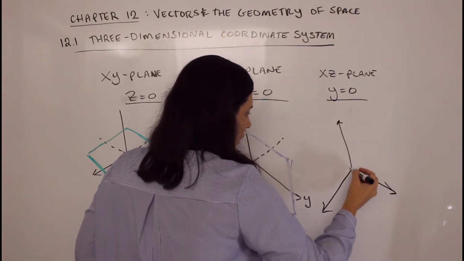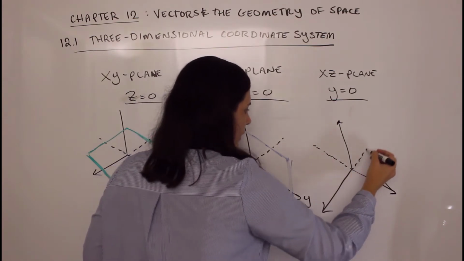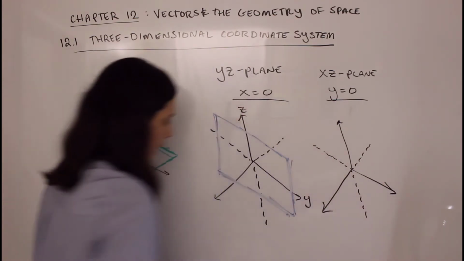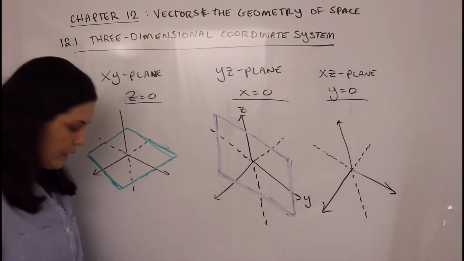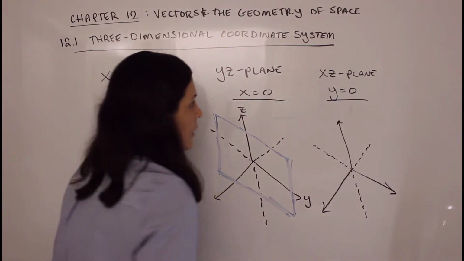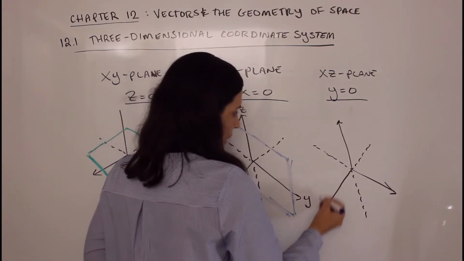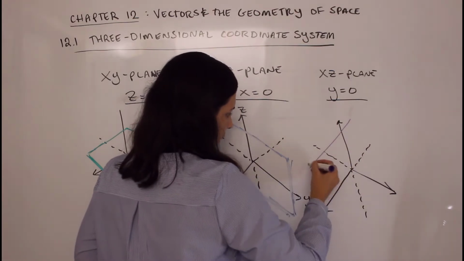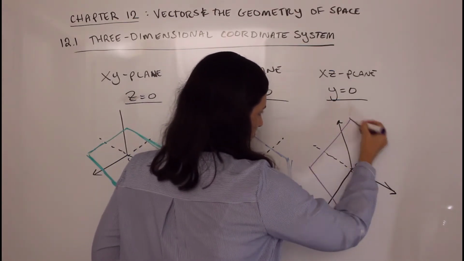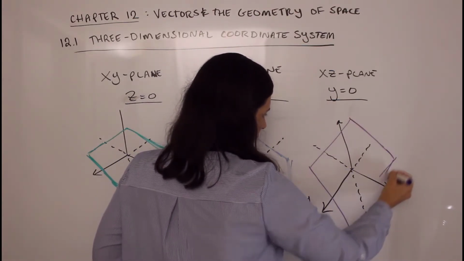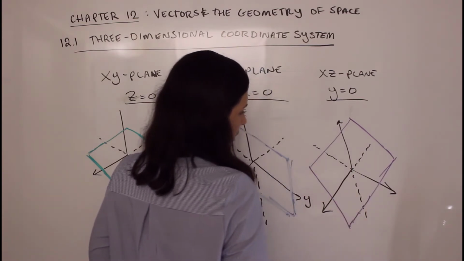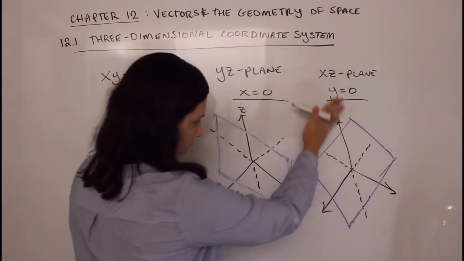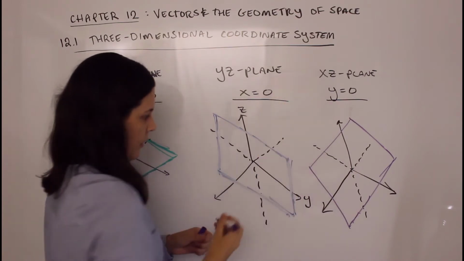If I were to visualize the XZ plane, y is stuck at 0, so x is here, z is there. It looks something like this, like my sheet of paper parallel to the x-axis, stuck right there at y is 0.